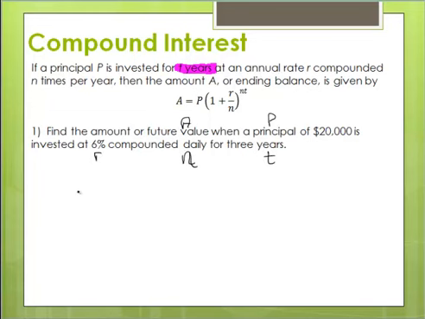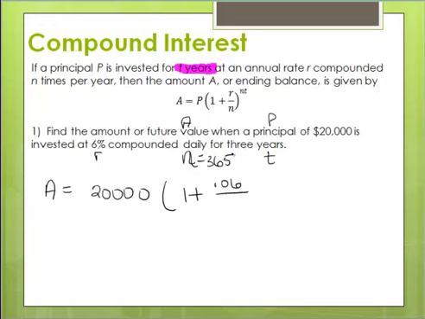Okay, so we have A equals your principal, which is 20,000, times 1 plus your rate, which is 0.06, divided by n. It's compounded daily. Daily would be 365 times a year. So 365 all to the 365 times t. T is 3 years.